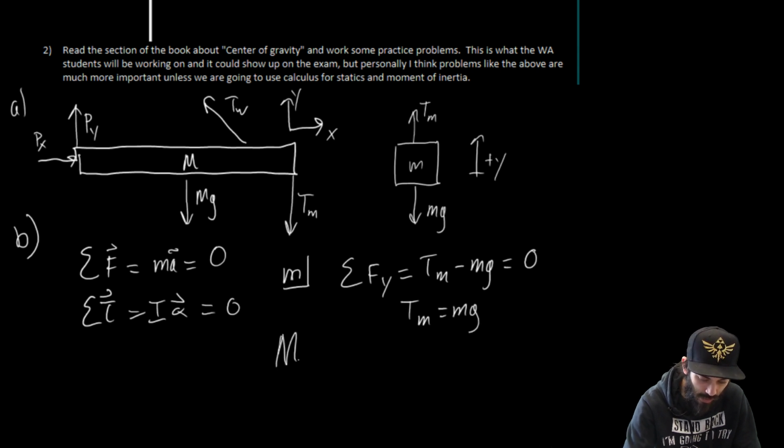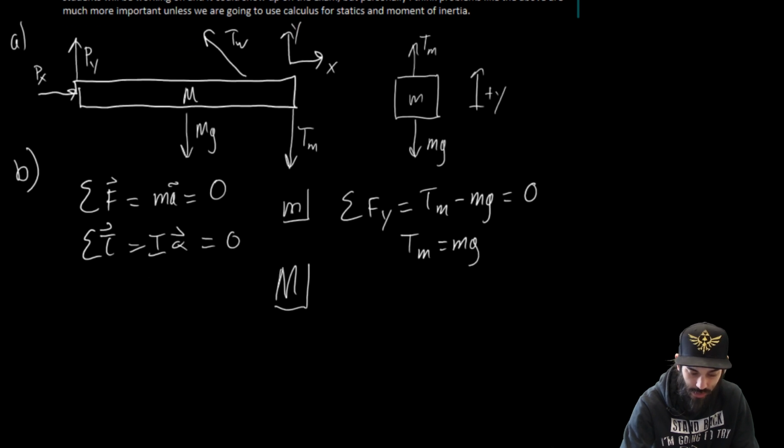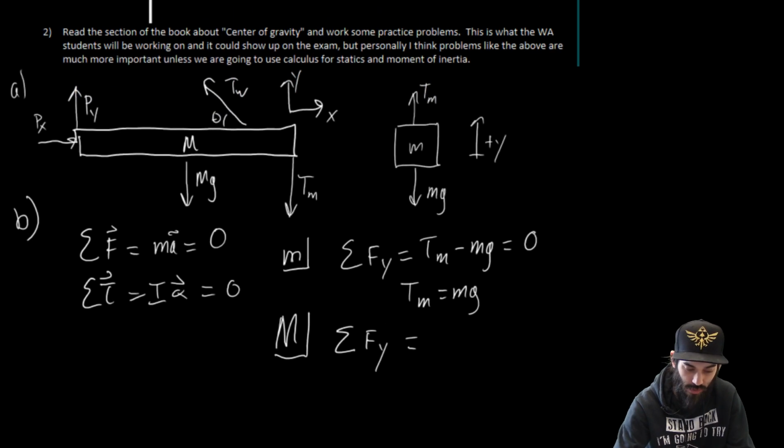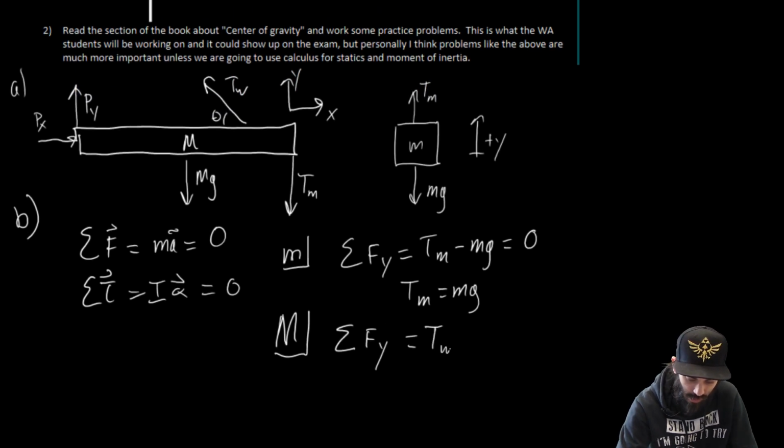Then we can do the same thing for capital M. We can sum our forces in the y direction. Because this angle right here is theta, this is going to be T sub w times sine of theta plus P sub y minus capital Mg minus T sub m, and those are all the forces acting in the y direction.